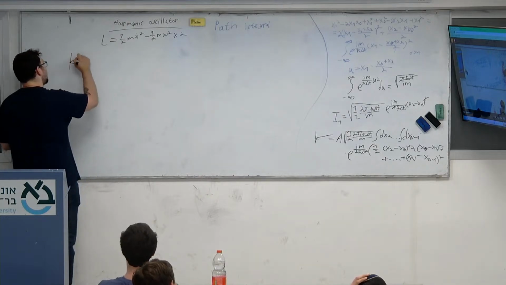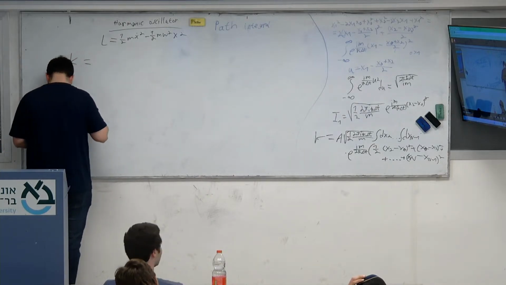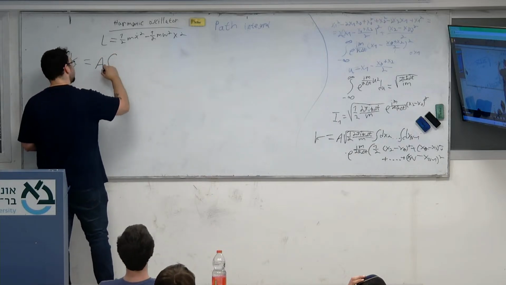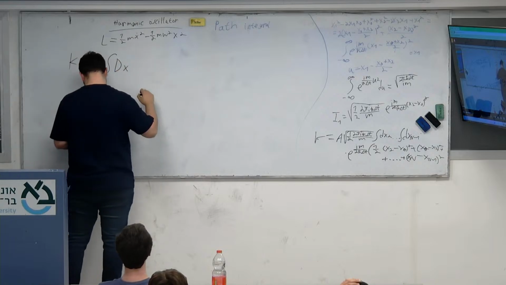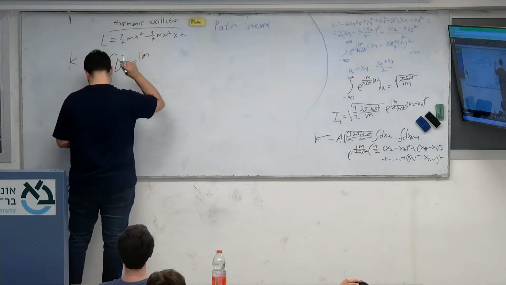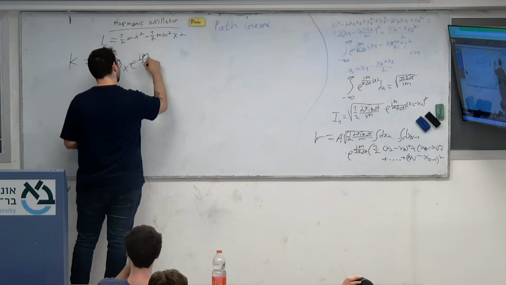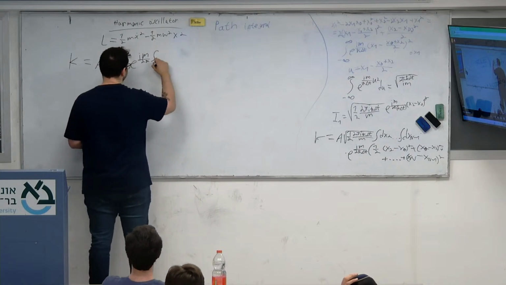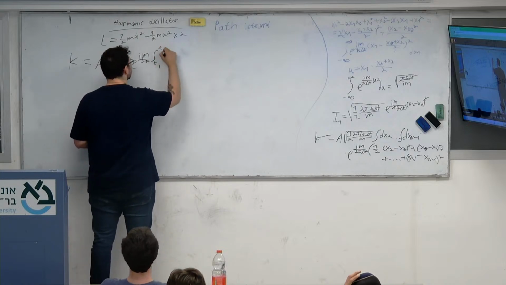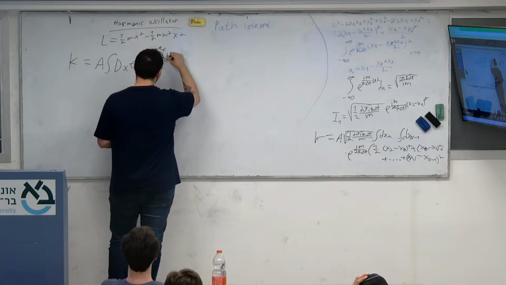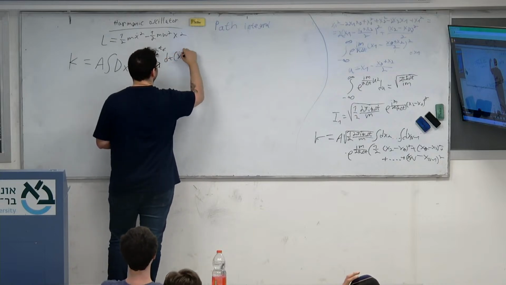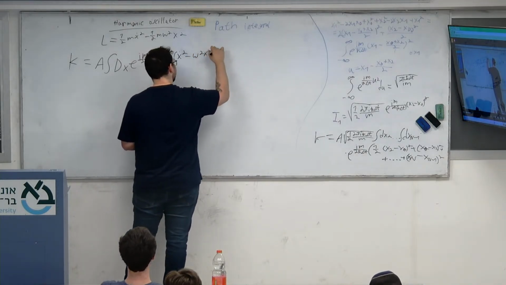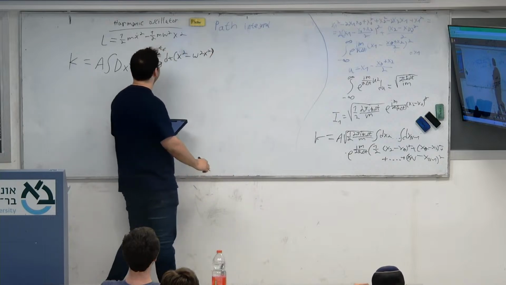So the K, this question, is equal to A, the normalization factor, integral D x, e to the i m over 2 h bar, integral from t_i to t_f dt, x dot squared minus omega squared x squared.